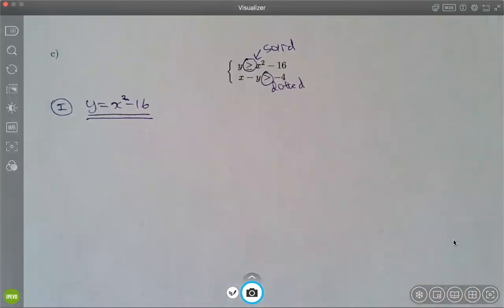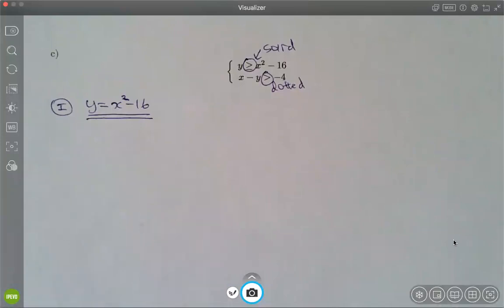Is that a circle? No. Is that some kind of curve? Yeah. Okay, so this one is a parabola, right? Because of x squared. Now remember, to sketch a parabola, how many points do you need at minimum? 3. Remember that? Yeah.